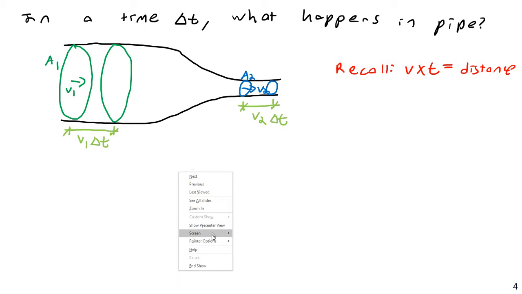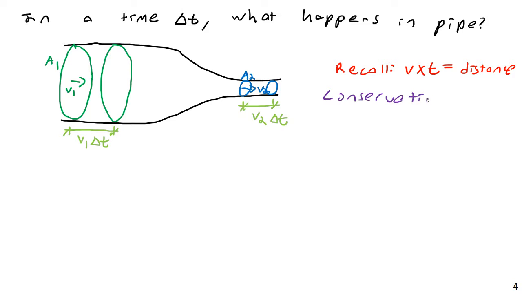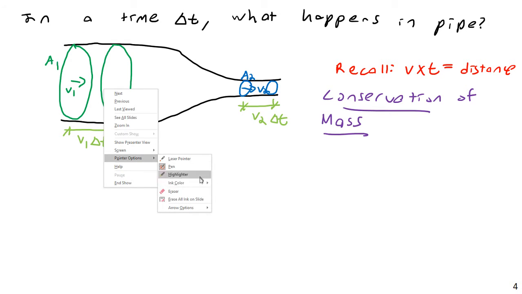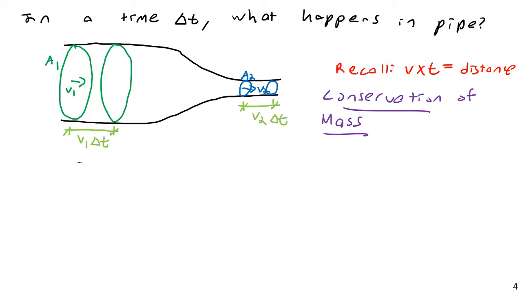And so, this is all going to come down to the conservation of mass. This is all about conservation of mass. So, in 1 delta t, this is the amount of volume that enters in on one end. Volume in is going to be V1 delta t, that's the height of the cylinder, times A1.